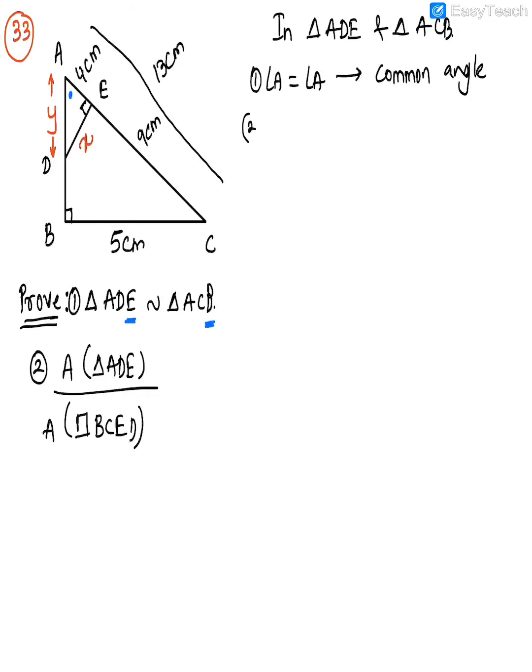Then number 3. Therefore, triangle ADE is similar to triangle ACB. What would be the reason? Angle test of similarity. So we prove them similar. Once you prove them similar, I can also say that therefore AD upon AC is equal to DE upon CB.